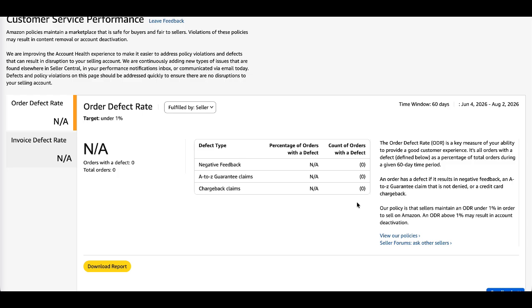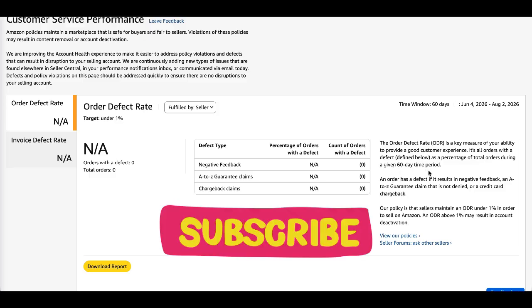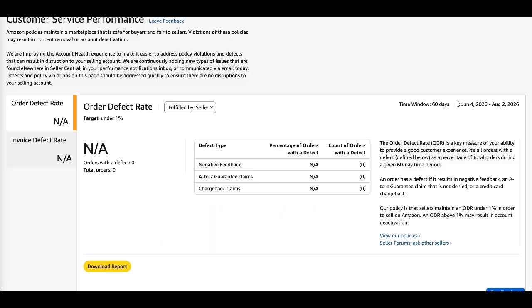It's orders with a defect, defined below, as a percentage of the total orders during a given 60-day time period. You can see here the time window right now is 60 days, from June 4th to August 2, 2026.